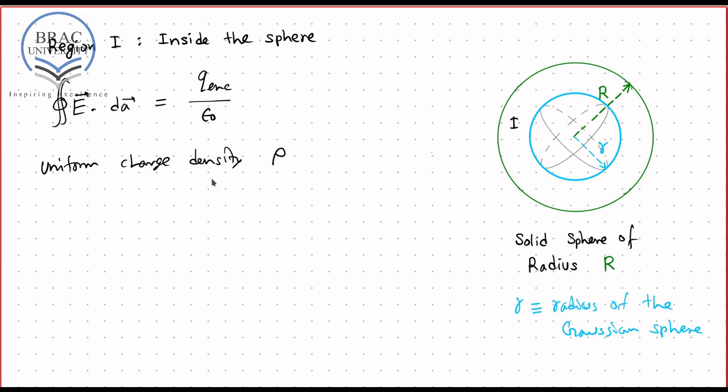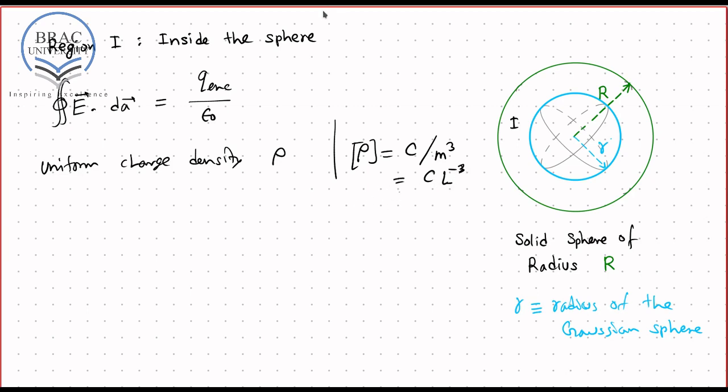So what is the total charge enclosed by this Gaussian sphere? To find that, we need the volume of the Gaussian sphere. Remember that this uniform charge density is a volume charge density because the dimension of rho is coulomb per meter cubed.